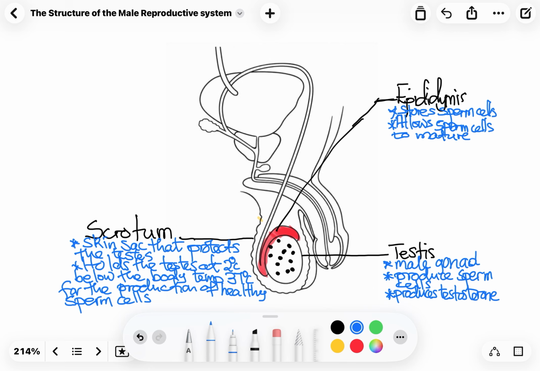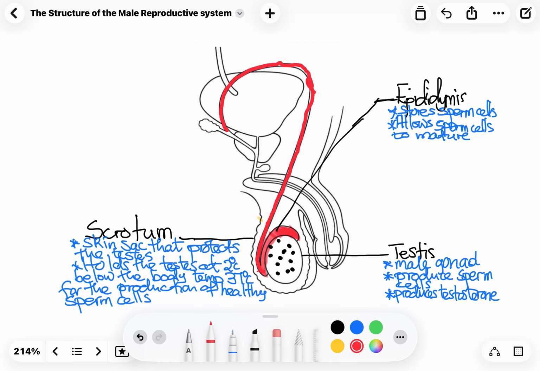Now let's track the path that is going to be followed by these sperm cells once they are mature. They're going to move from the epididymis up this tube until they come here.